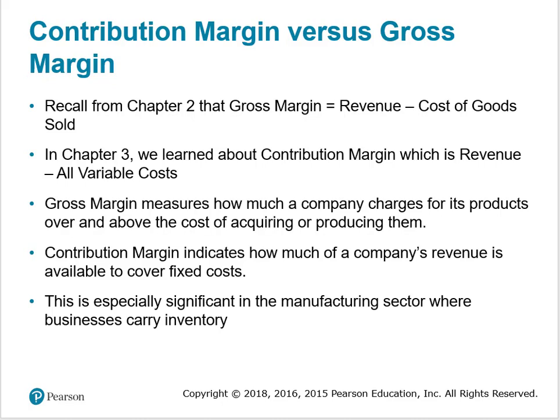However, if inventory increases or decreases, the fixed manufacturing costs will be absorbed into inventory, causing a higher operating income. That's important to understand. Both formats are important for their particular purposes, and one shouldn't be dismissed in favor of the other. It depends on what your purpose is.